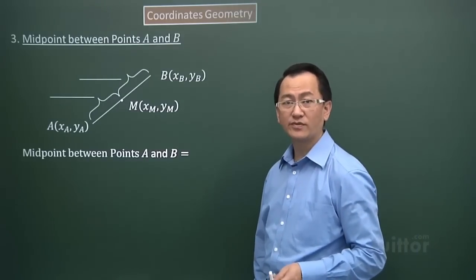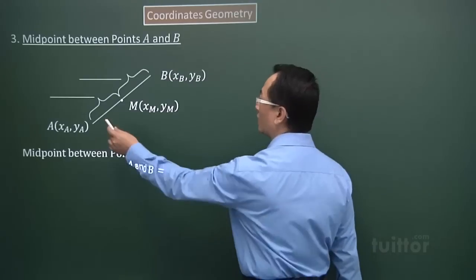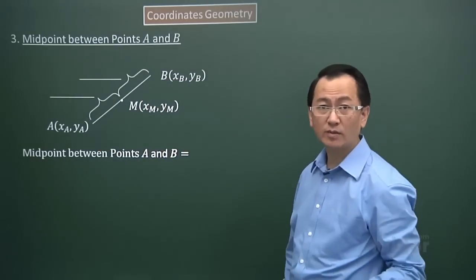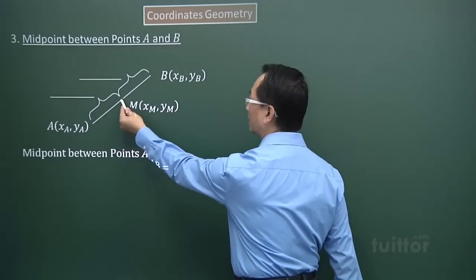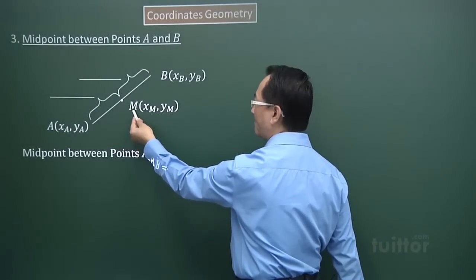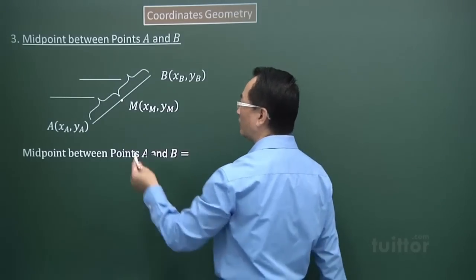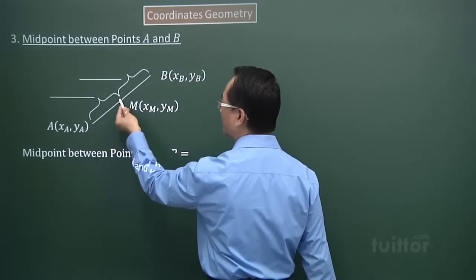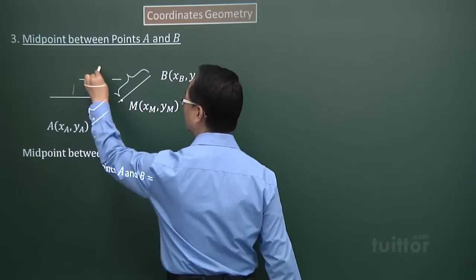Now we look at point 3, midpoint between point A and point B. If we are talking about midpoint, then the point in between is labeled as big M. Now the ratio for AM is to MB would be 1:1.